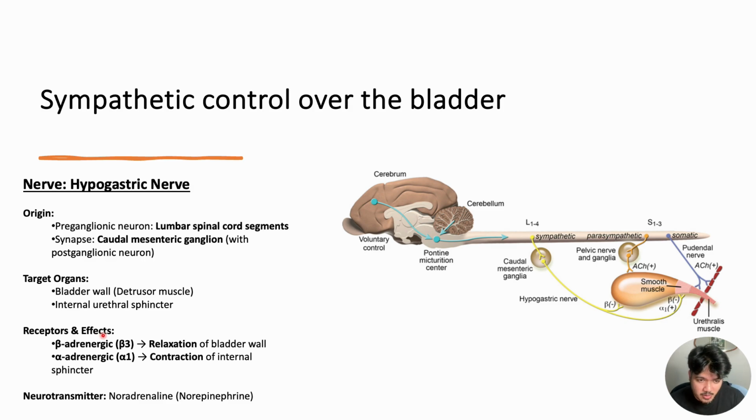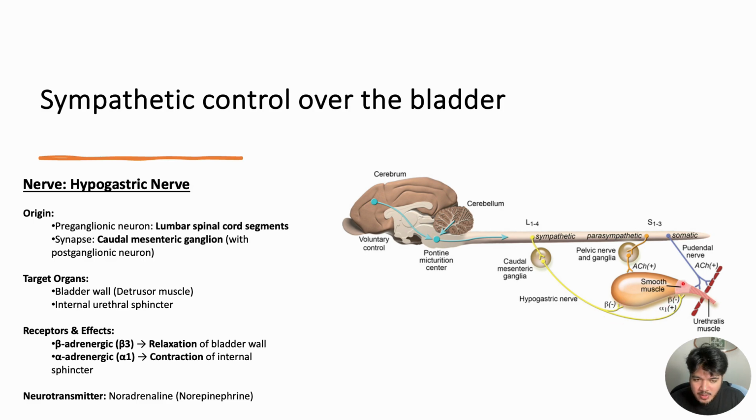In the case of the hypogastric nerve, it starts in your lumbar segments in the dog, so L1 to L4. From the lumbar, it makes its way to reach a region called the caudal mesenteric ganglia. From there, the hypogastric nerve takes its course and ends up at two points. So you have your bladder wall and your internal urethral sphincter.